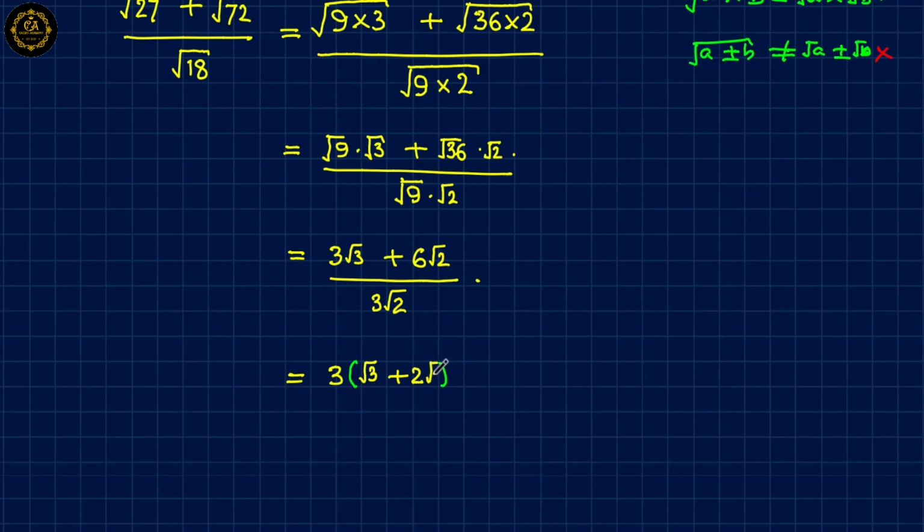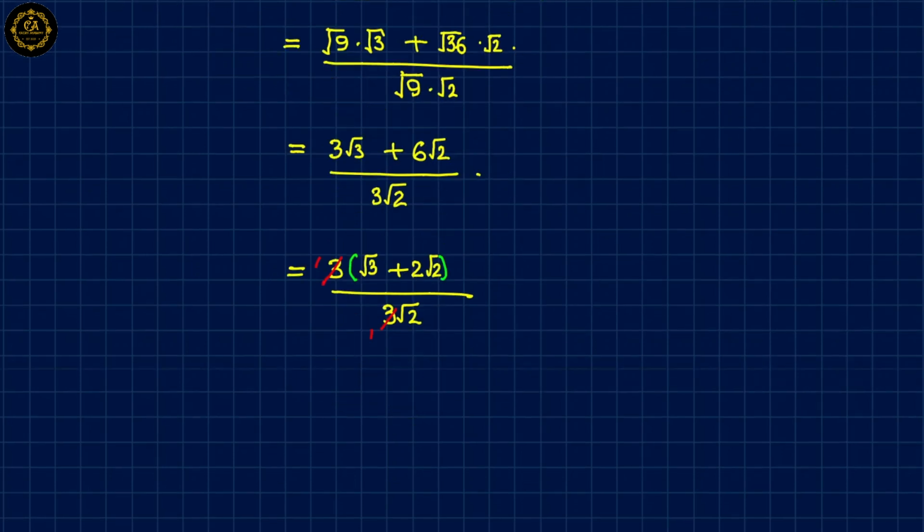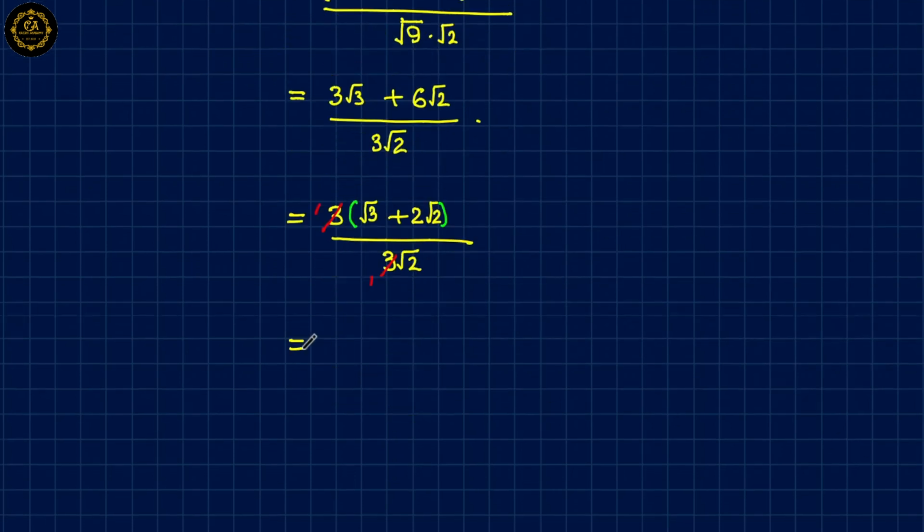So we have here 2, and this is divided by 3 root 2. You can see here that the 3 can divide with the other 3. Finally, we'll end up with something a little bit simpler, like root 3 plus twice root 2 all over root 2.